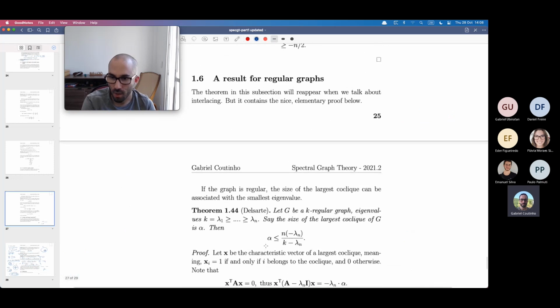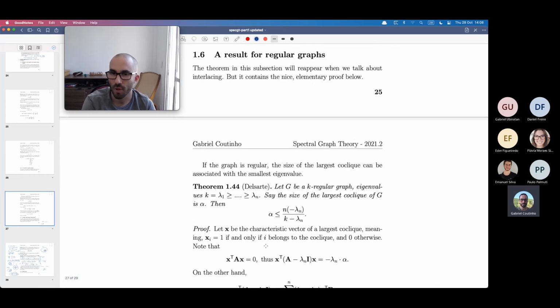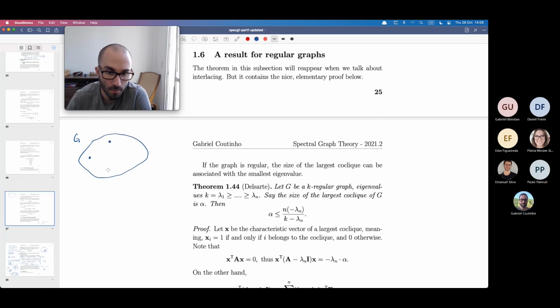Another theorem that I'd like to discuss today is perhaps the first result I'll show you guys which is non-trivial and relates eigenvalues to an NP-hard parameter. Given a graph, one could be interested in finding the largest possible independent set, or co-clique.